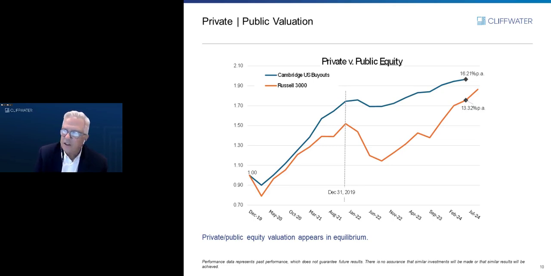I started at December 2019 because the markets were pretty much calm and in equilibrium back then. In other words, if you look back at 2019, 2018, there weren't a lot of anomalies. So it's a good starting point.